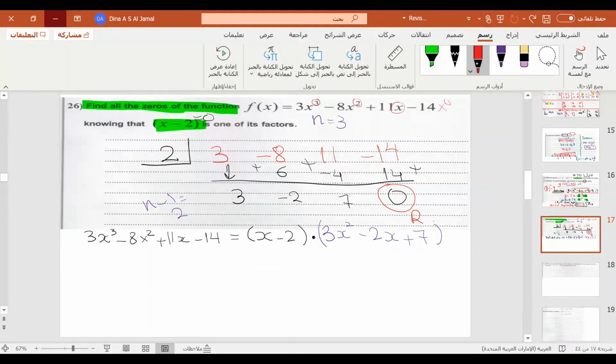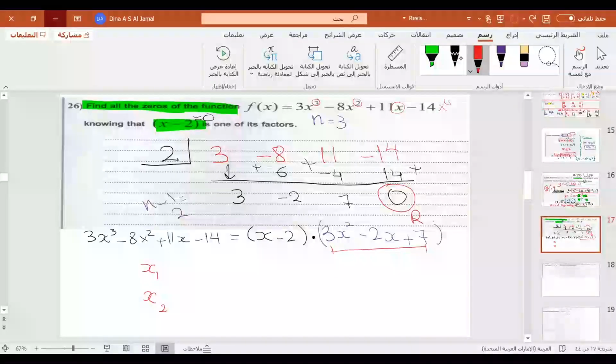And let's see, what are the other factors? Use your calculator to find what are the factors, or also you can use the discriminant and the quadratic formula.